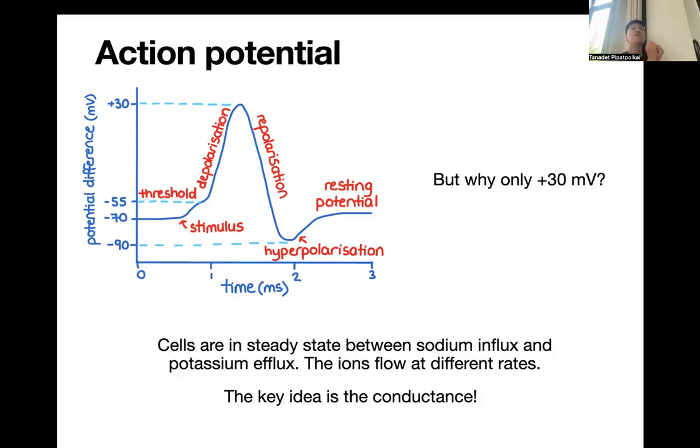And therefore, unitary conductance and how this conductance is letting the pores through dictates how far we can go in these action potentials. And not just conductance, but also permeability as well.